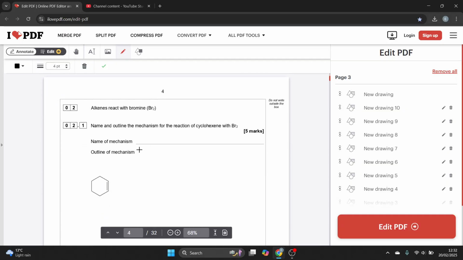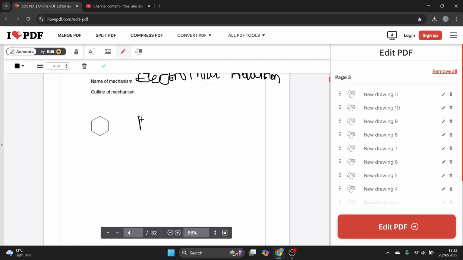Question 2. Alkenes react with bromine. Name and outline the mechanism. Electrophilic addition. What happens is your Br is partially positive and the other Br partially negative.